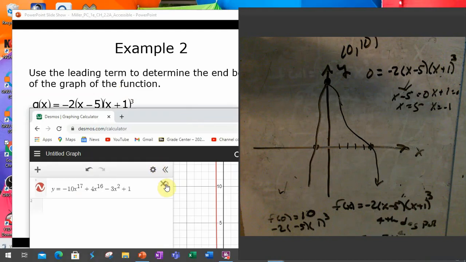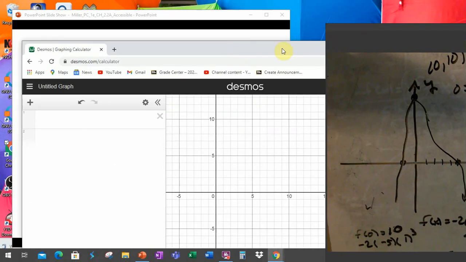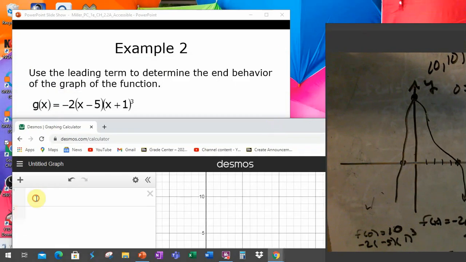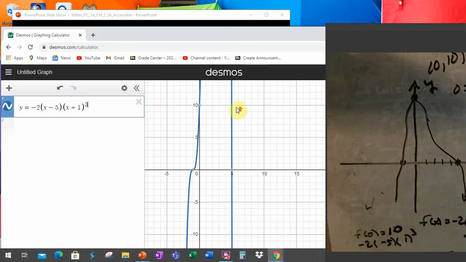So if I go here, I'm going to bring up Desmos again, shoot this over to the side. Bring this up.